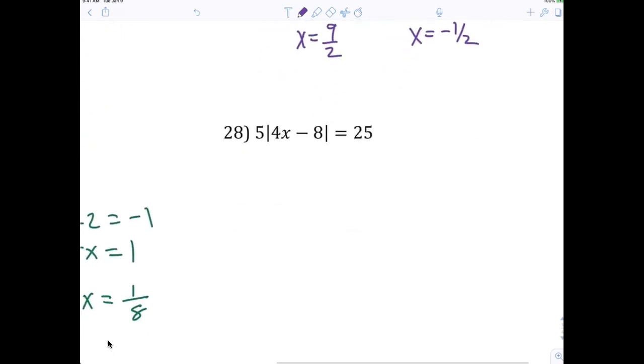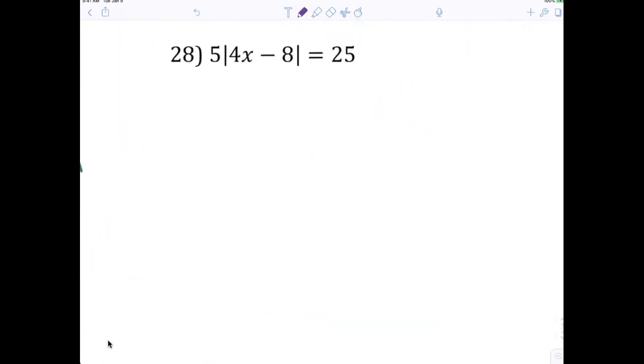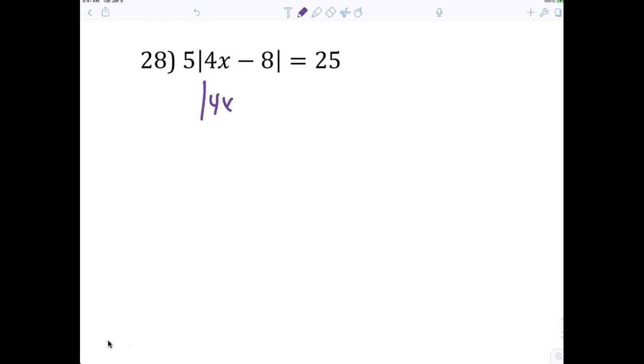All right, let's do 28. Ava, go. You divide by 5. So you get 4x minus 8 equals 5.